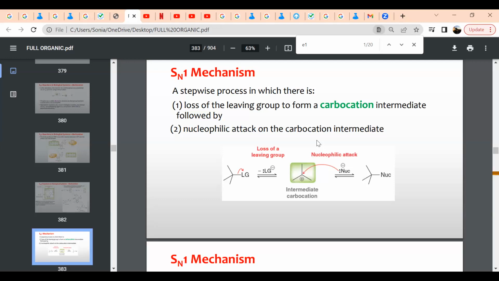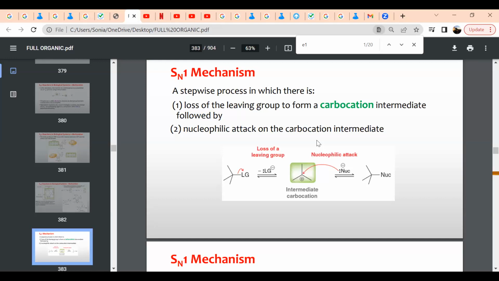Okay, so SN1 is usually a stepwise process in which there is, first of all, loss of the leaving group to form a carbocation intermediate, followed by nucleophilic attack on the carbocation intermediate. So we said in SN2, the steps occur simultaneously. In SN1, they don't occur simultaneously.